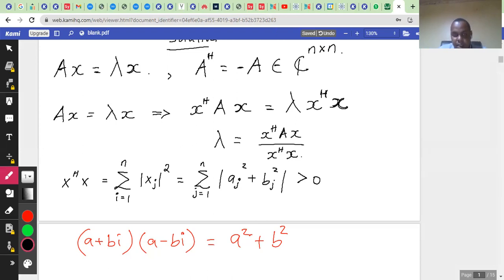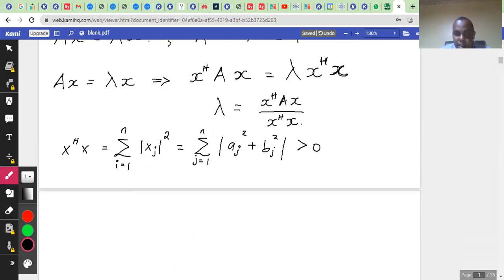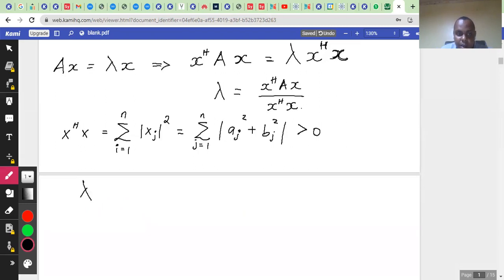So what does that tell you? This tells you that we don't need to worry about the denominator. So lambda equals x^H A x divided by some real number k, where k is a real number.